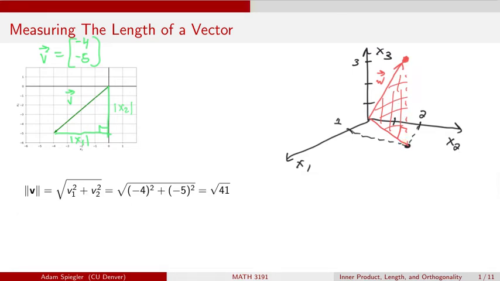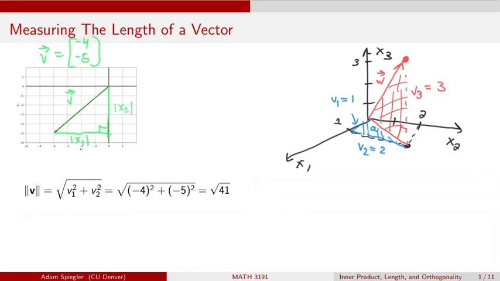And we have one side length over here, I'll call v3, which in this case is equal to 3. And then we have another side, which is down here in the x1, x2 plane. And I'll just denote this with the letter A, since we don't know what that value is just yet. But we can find this value A because it is the hypotenuse of this second right triangle that sits in the x1, x2 plane. For this right triangle, we know that one side is equal to 1 and the other side is equal to 2.